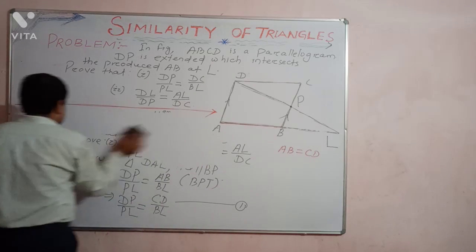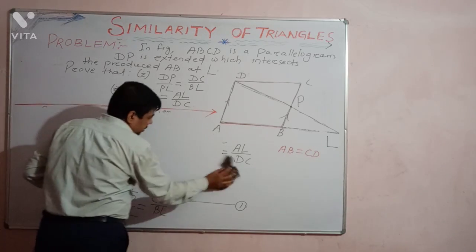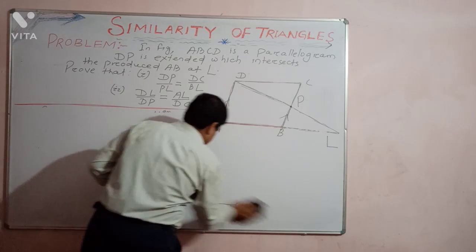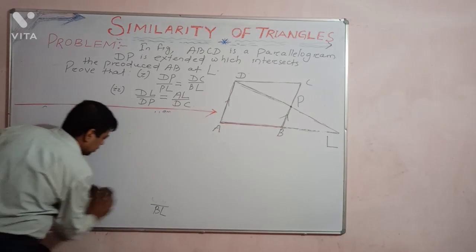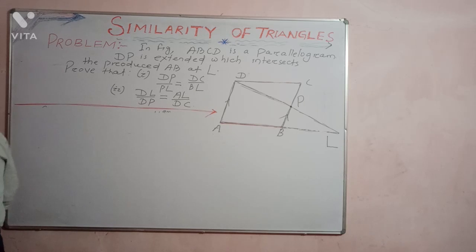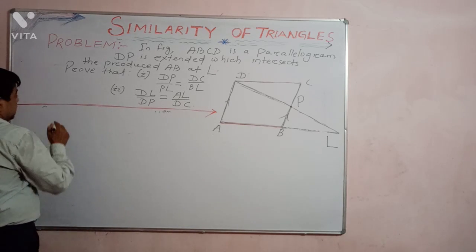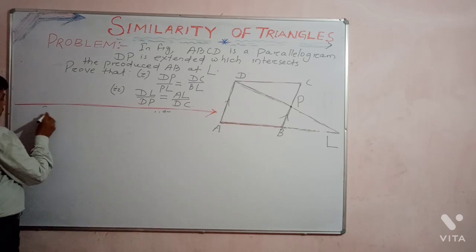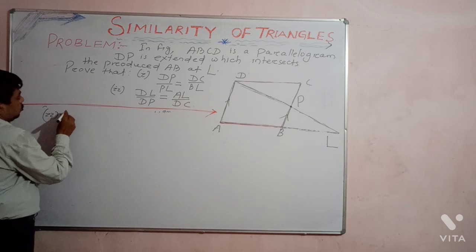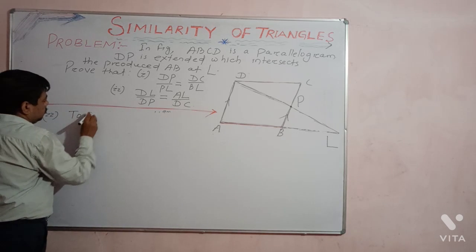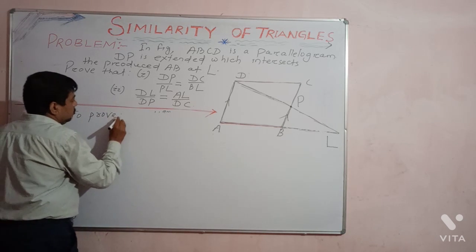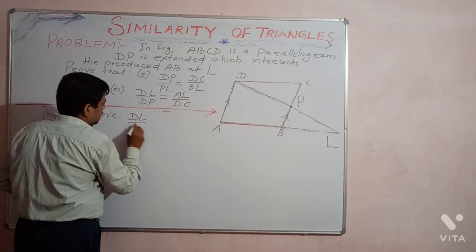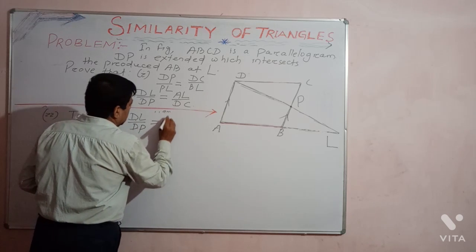Once again, see the second part. In the first part, what did you get? The second bit, to prove: DL upon DP is equal to AL upon DC.